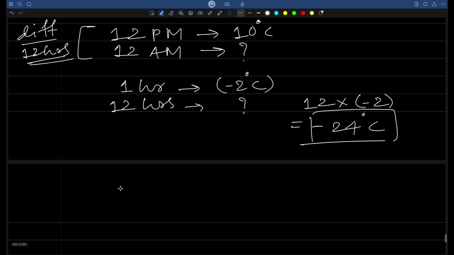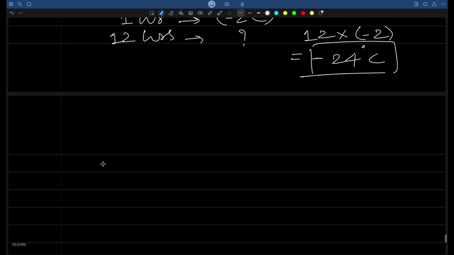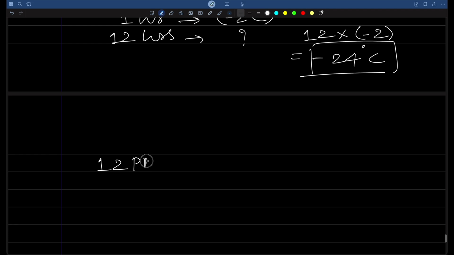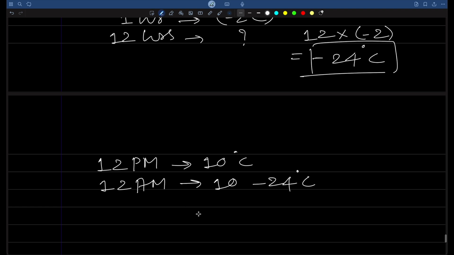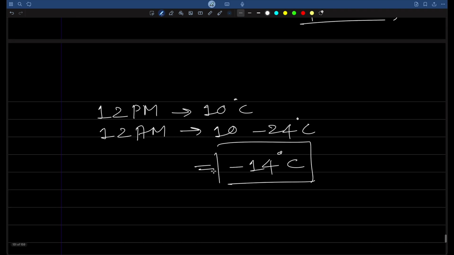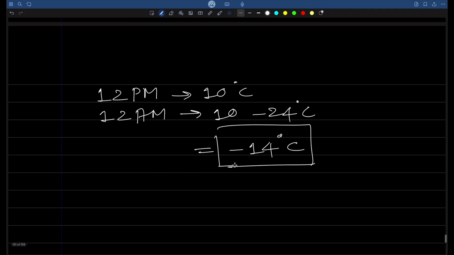So temperature at 12 p.m. is 10 degrees Celsius, and at 12 a.m. it will be 10 minus 24 degrees Celsius, that is equal to minus 14 degrees Celsius. So we have minus 14 degrees Celsius as the answer.